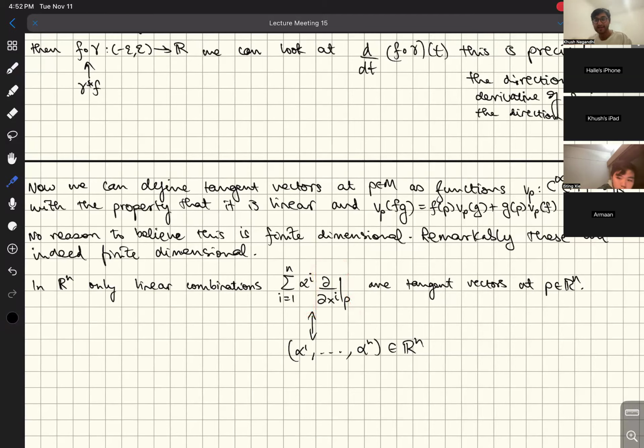And we're just saying that in the case of Rn specifically, there's a canonical isomorphism. This is canonical in Rn because this is how we've defined Rn. There's no other way we know what Rn is. And we know what these partial derivatives must mean because we've studied multivariable calculus.